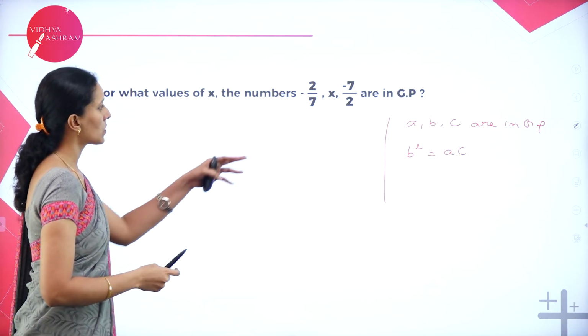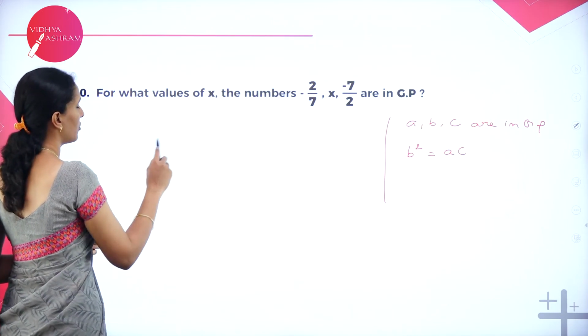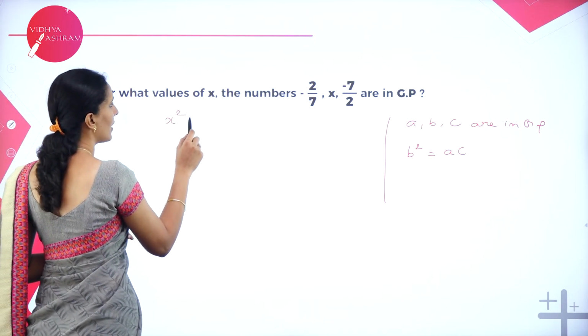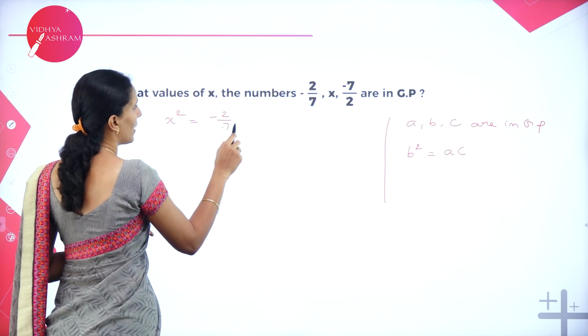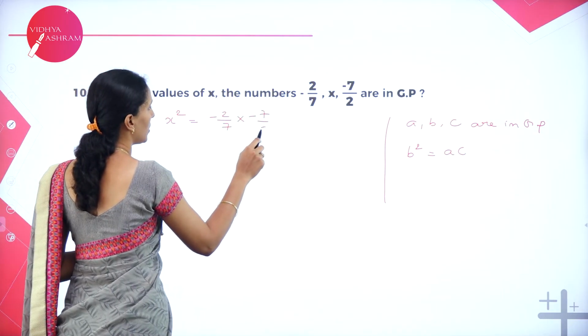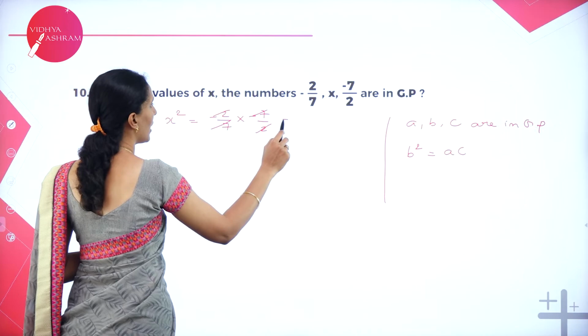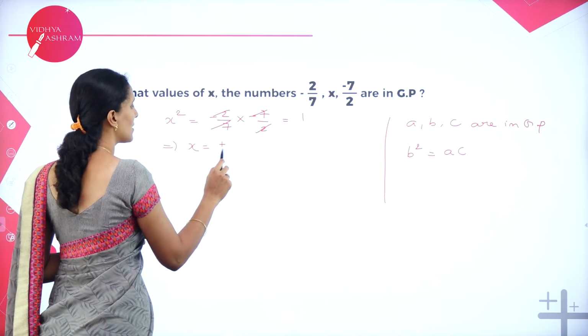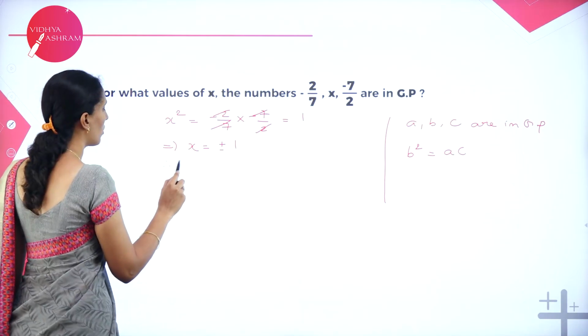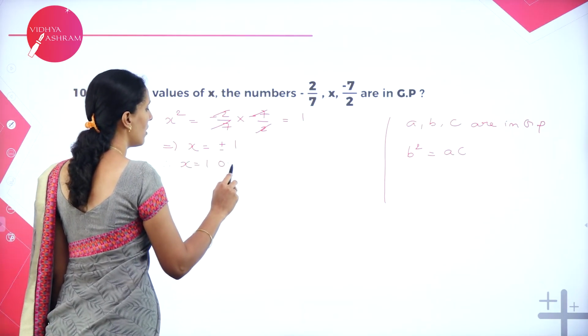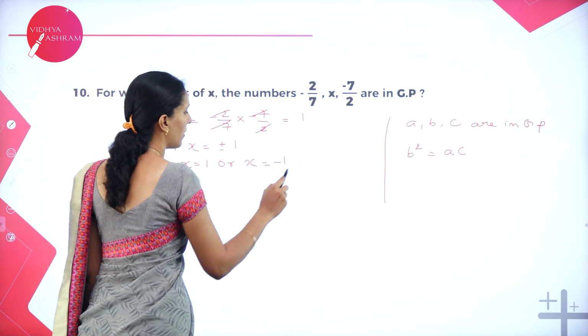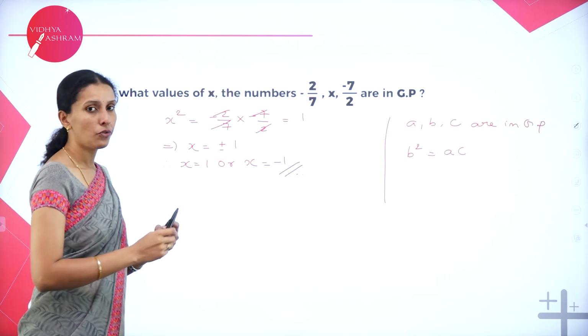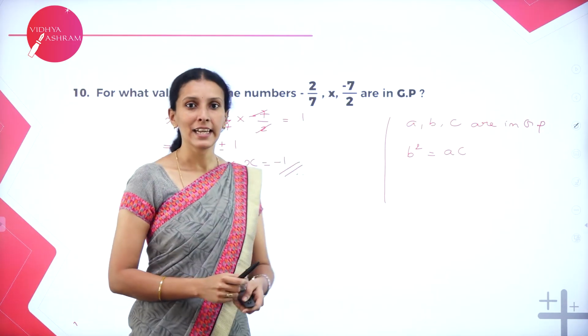Now let us use that condition. So by definition we can write x square is equal to minus 2 by 7 into minus 7 by 2. So cancelling, we get it as 1. So this implies x is equal to plus or minus 1. Therefore x is equal to 1 or x is equal to minus 1. So these are the two values which x can take.